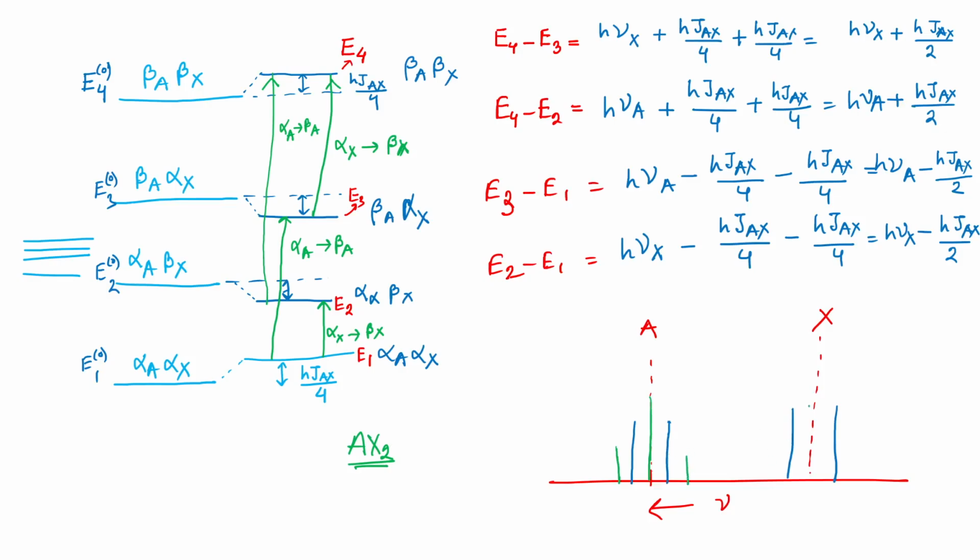But will X split or not? For that we need to discuss an A2X kind of a system. I don't think we have that much time for an A2X system to show you. But what is going to happen? Can we guess?